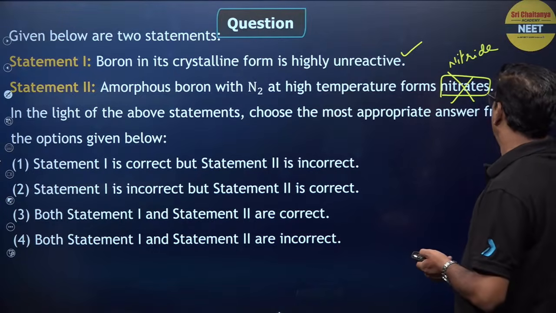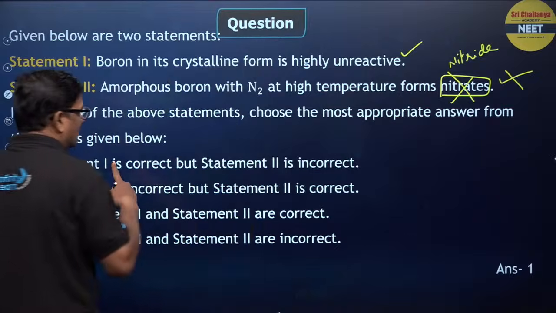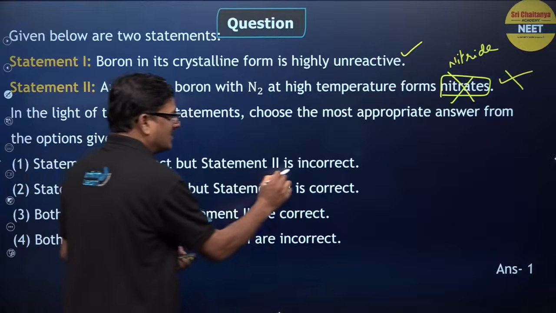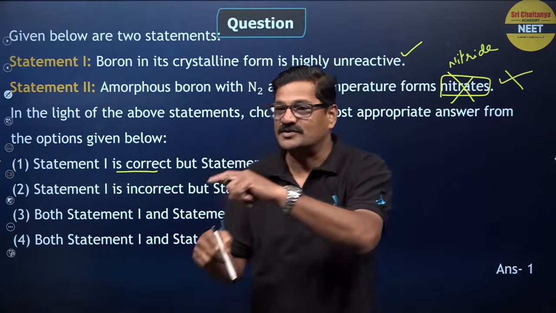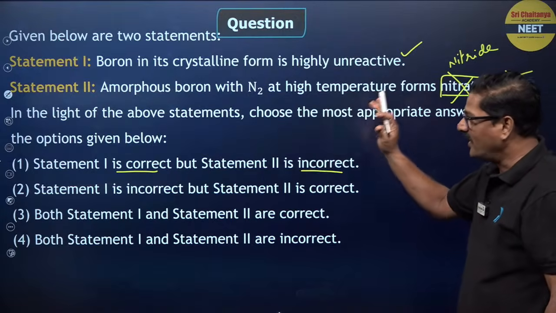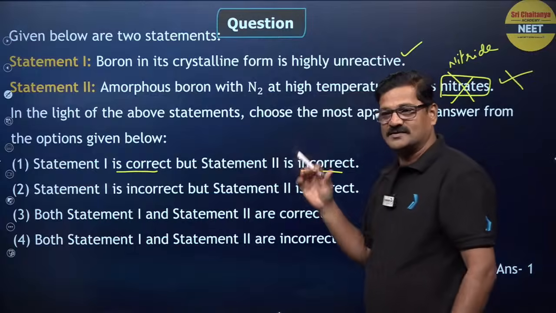So this is wrong, right? So statement 1 is correct, statement 2 is incorrect. The correct and incorrect combination is also jumbled here. You have to check manually whether it is given correct or incorrect. This is the way you have to answer it.